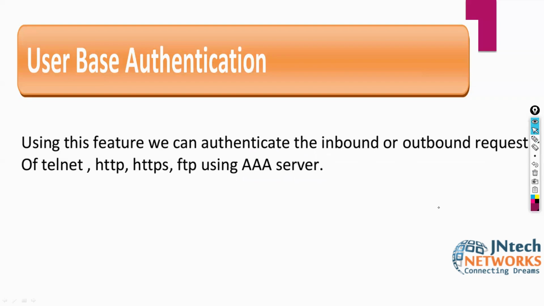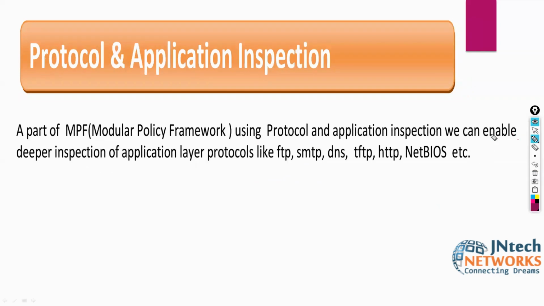Now we can focus on protocol and application inspection. Cisco ASA firewall is not a next generation firewall, but yes, it can inspect the protocol and application, but not on a deeper level.